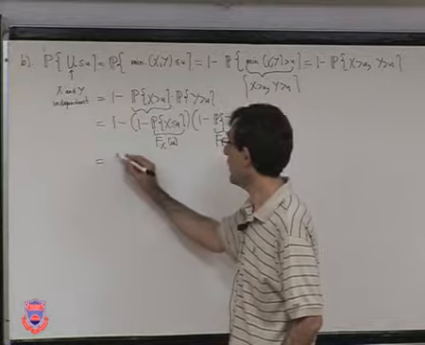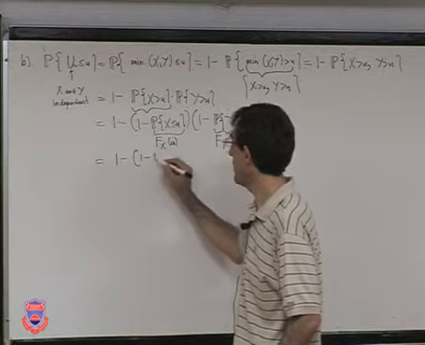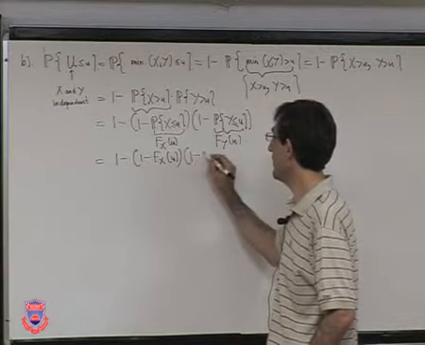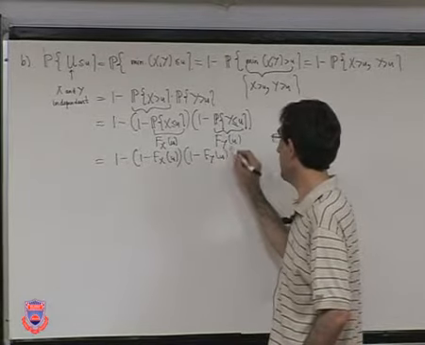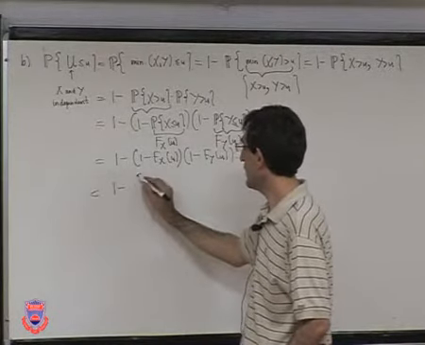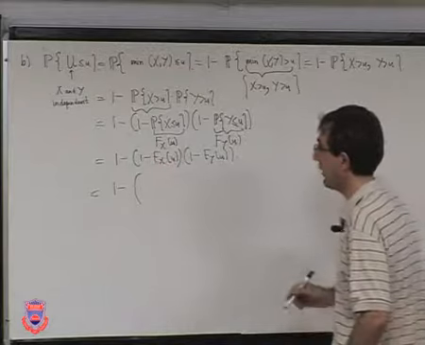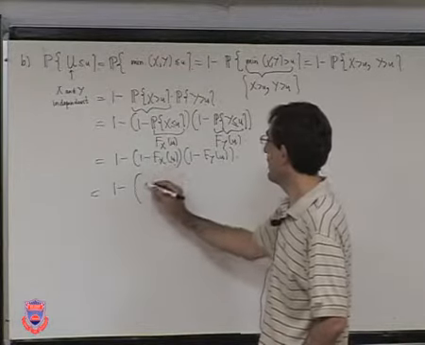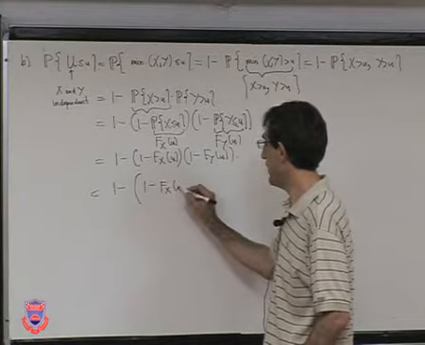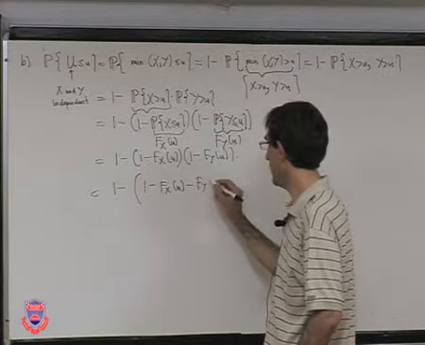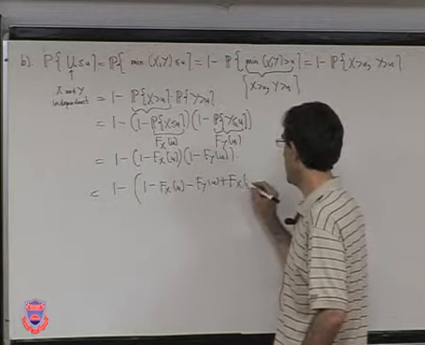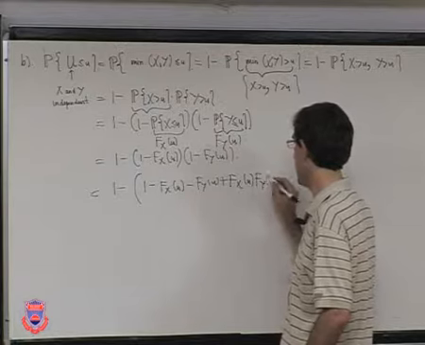So finally you have 1 minus F_X at u times 1 minus F_Y at the same u. And we can just open this, so develop this product here. So you get 1 minus F_X of u minus F_Y of u, plus F_X at u times F_Y at u.